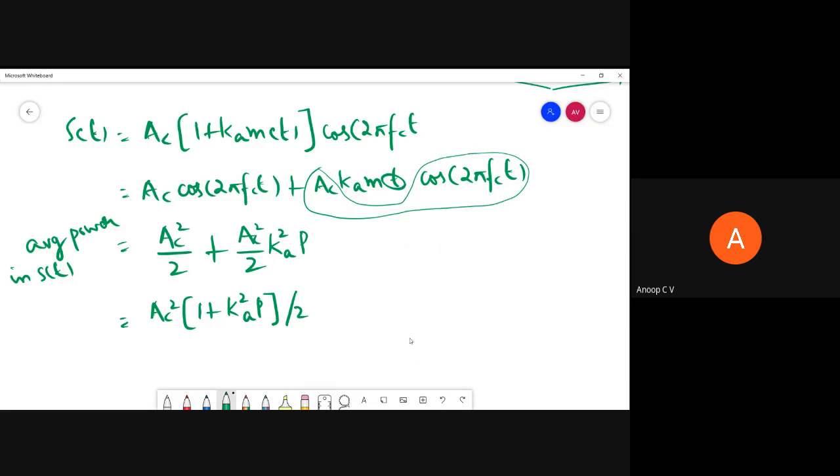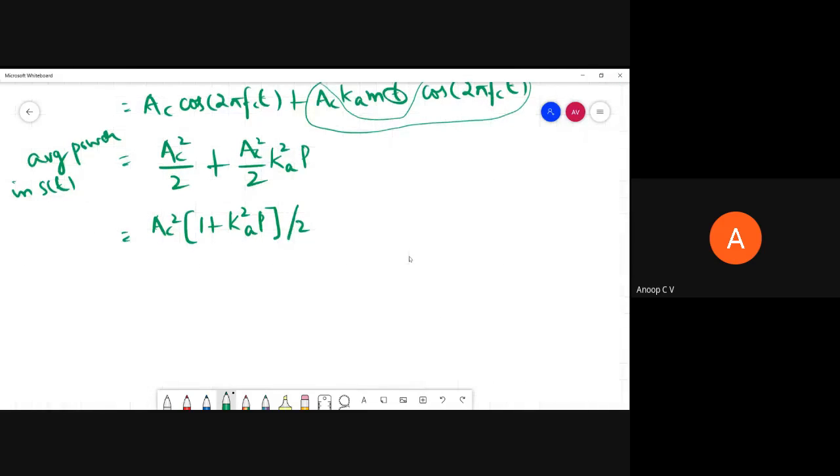And the average power of noise within the message bandwidth, just now we found out, is equal to n0W, right?